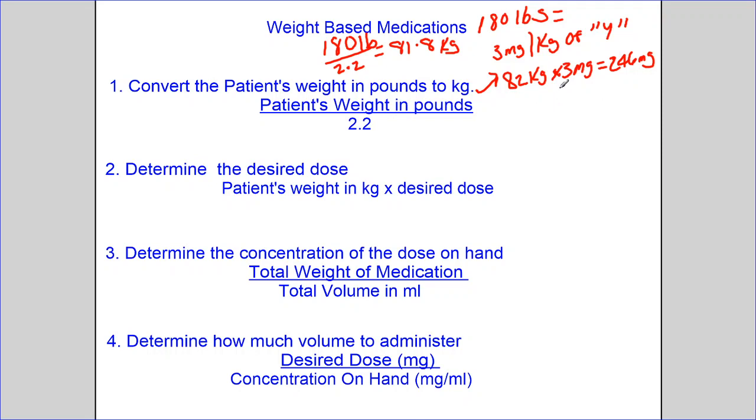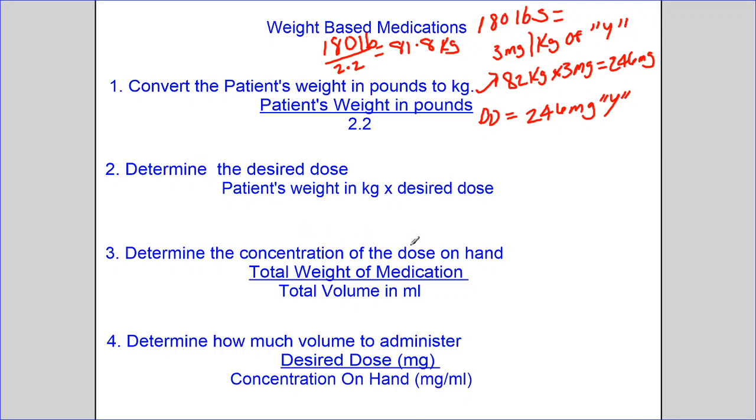Okay, so now we have our desired dose. Our desired dose now will be 246 milligrams of Y. Then it's brought back to the same formula that we had earlier.